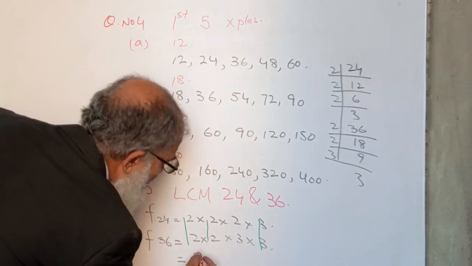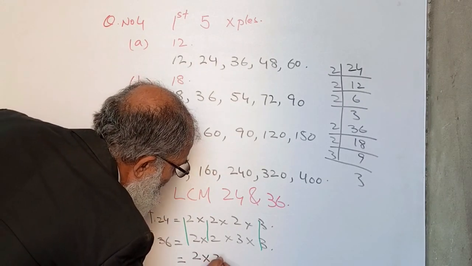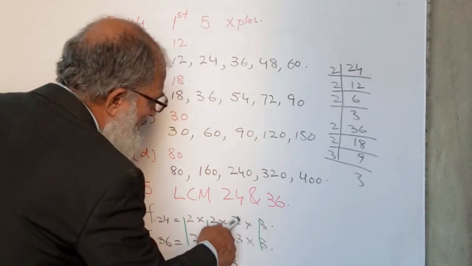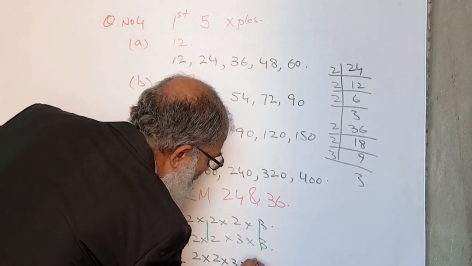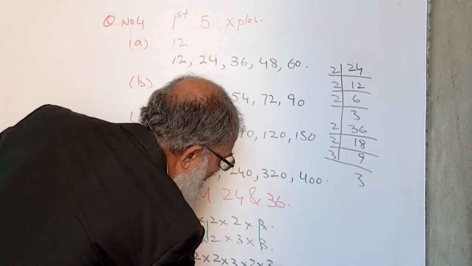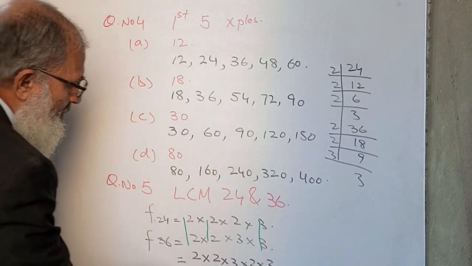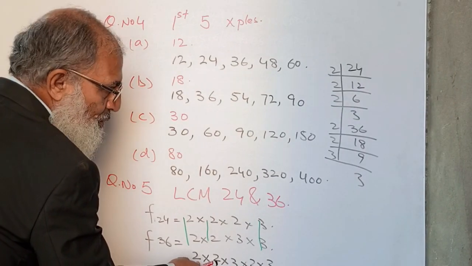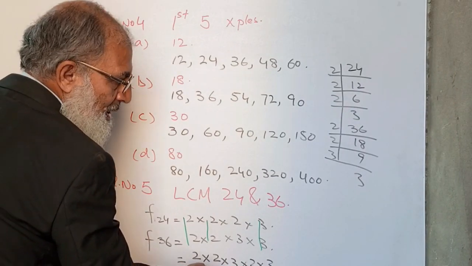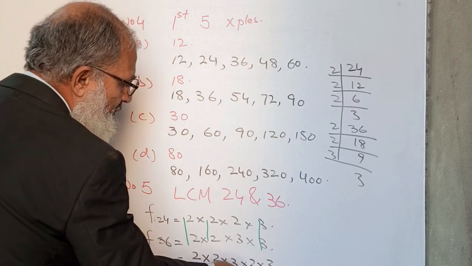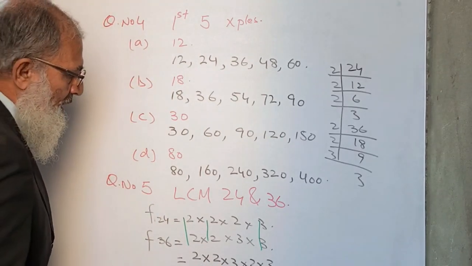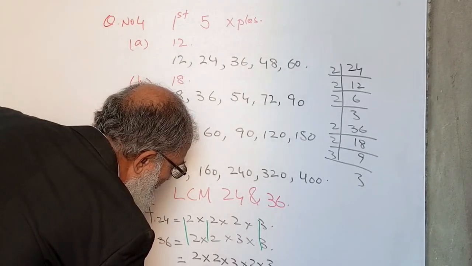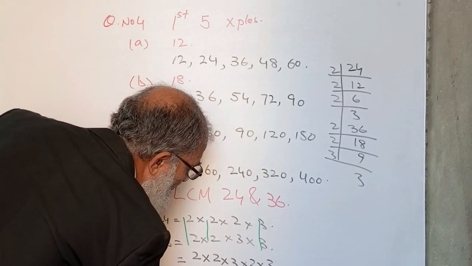That will become 2 times 2 times 3, and all the leftovers, 2 times and 3. Just multiply all these. 2 times 2 is 4, 4 times 3 is 12, 12 times 2 is 24, 24 times 3 is 72. Now 72 is our required answer.